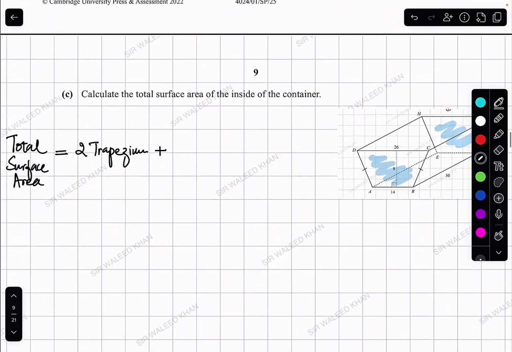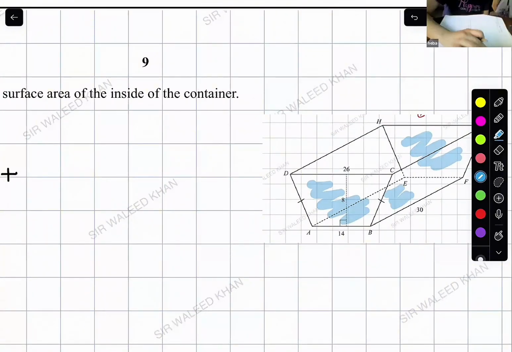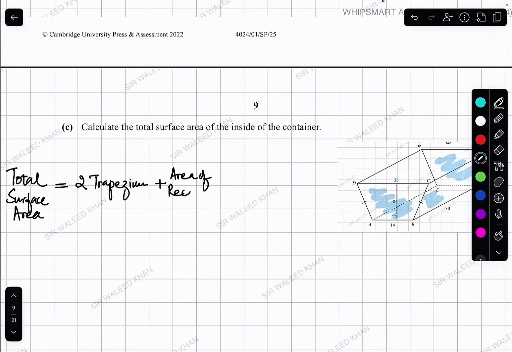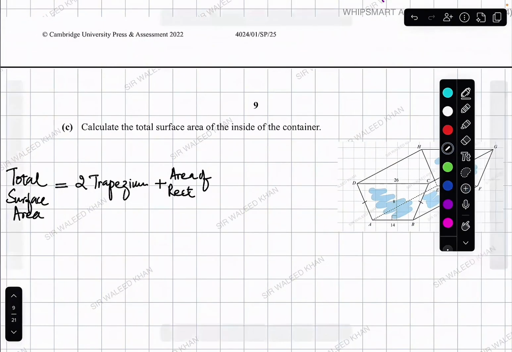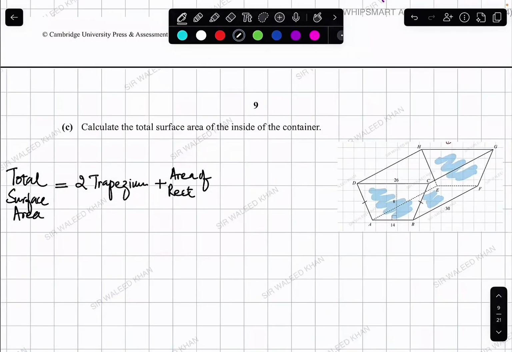Can you paint this rectangle at the bottom over here? Yes. Okay. So area of rectangle, that is BAEF.